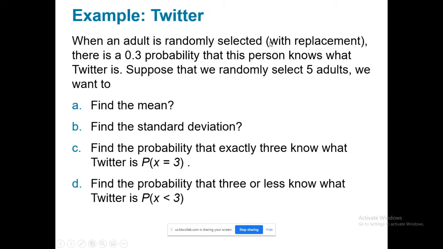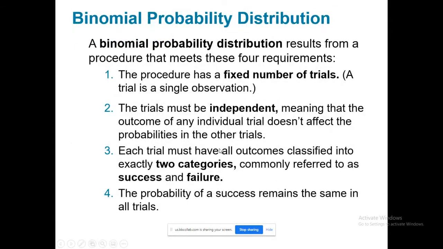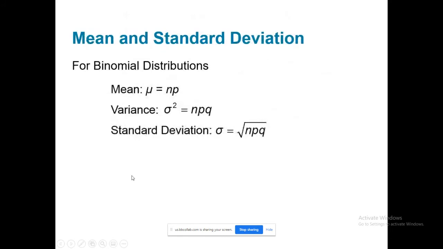And is our experiment independent? And the answer is yes, because it says it's with replacement. Each trial must have 2 outcomes, either success or failure.